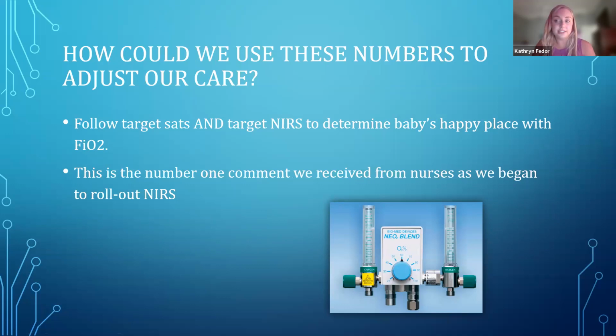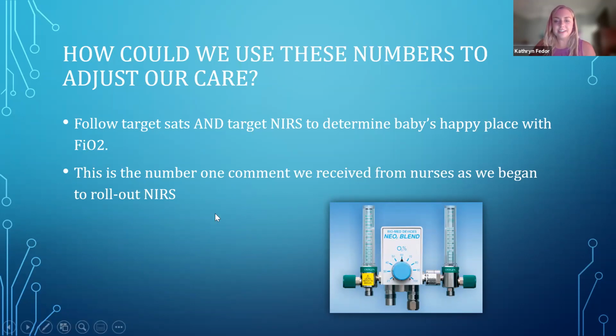Maybe the NIRS is trying to tell us that that was a little too fast for him. Or maybe we needed to find the happy medium there. This baby ended up being just about 5% higher than where she had weaned him down to, and we had a good saturation that wasn't too high, as well as a more reasonable NIRS reading.